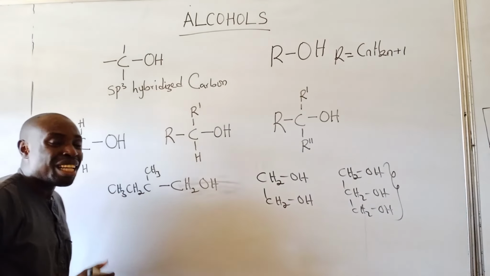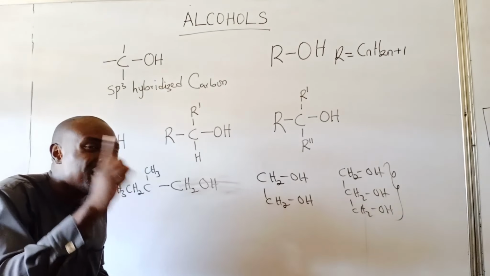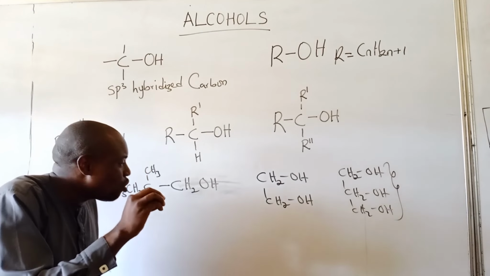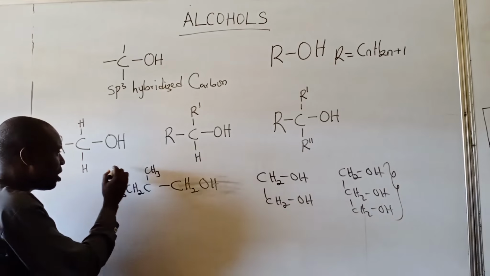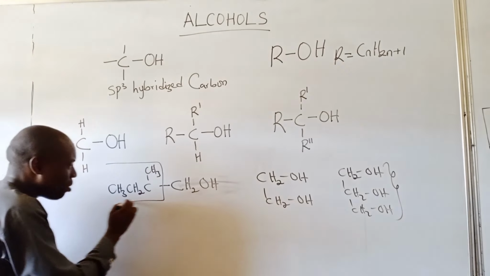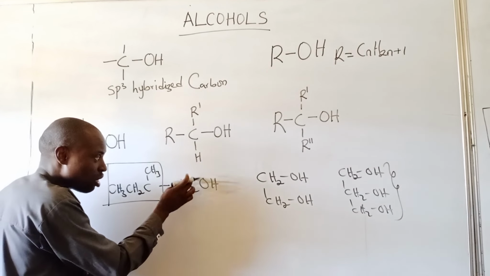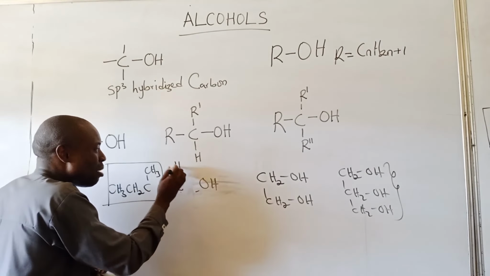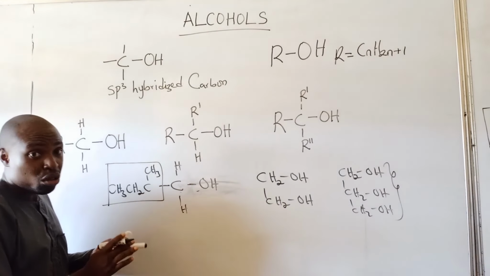Remember that we have said that a primary alcohol is an alcohol that has only one alkyl group attached to the carbon carrying the hydroxy group. If you look at everything here, all the alkyl groups attached to this carbon, or this H2 here, are still intact, as you can see right here on the board.